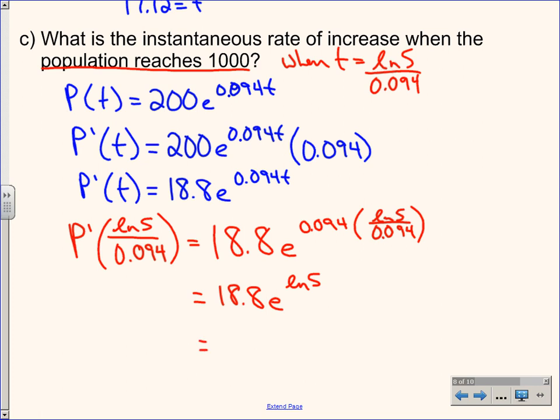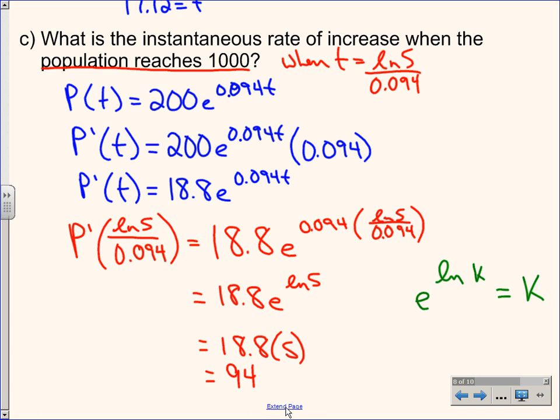It's actually one of our logarithm rules. If you have e to the ln of anything, I'll put a k there, that's just equal to k. And you can try it, put it in your calculator, you'll see that it works. 18.8 times 5, and 18.8 times 5 is exactly 94.